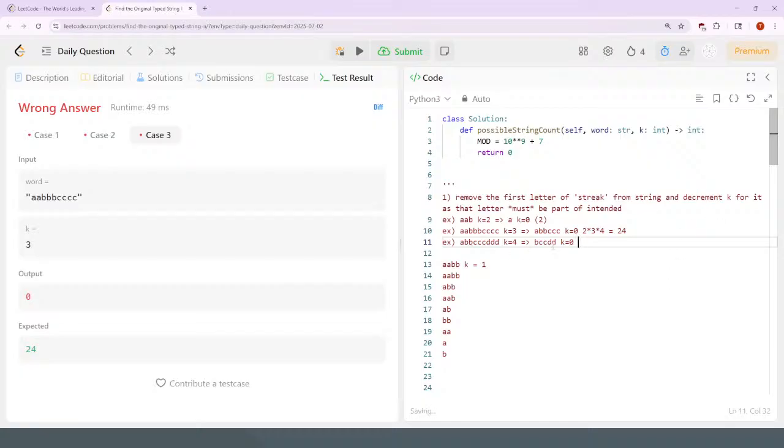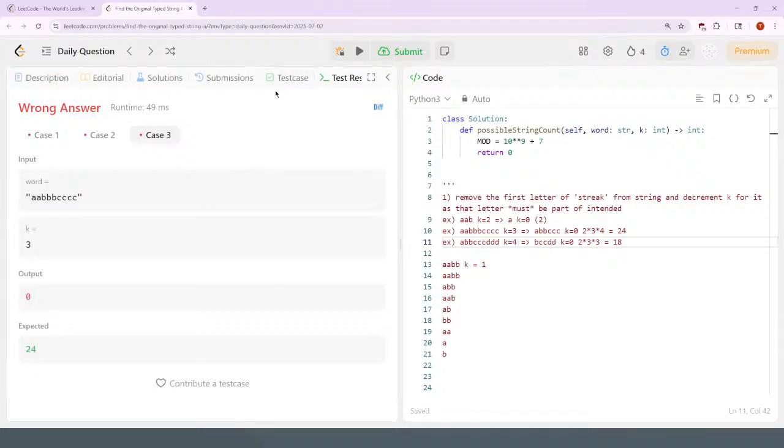So the count when k is 0 after you do that first reduction is going to be 1 more than the count of each letter, the frequency of each repetition of the streaks. So like this B means that there's 2 ways I could do that. The 2 C's means there's 3 ways I can do that, 0, 1, or 2 C's, and then 3 D's is going to be 0, 1, or 2 D's, that'd be 3 ways, so that's a total of 18.